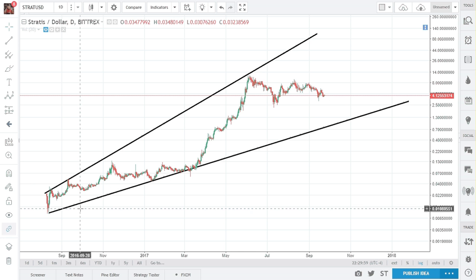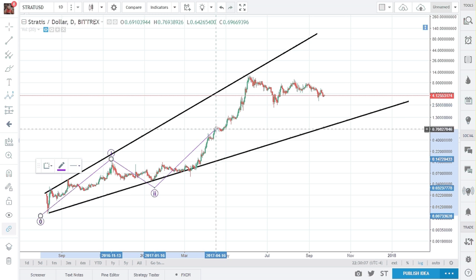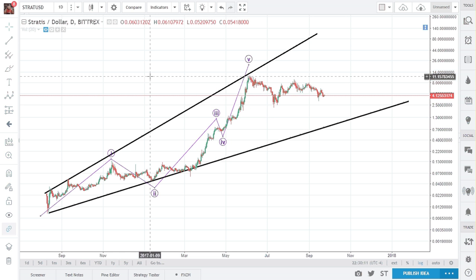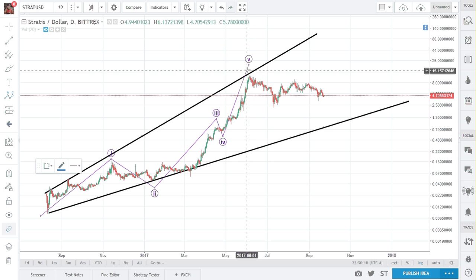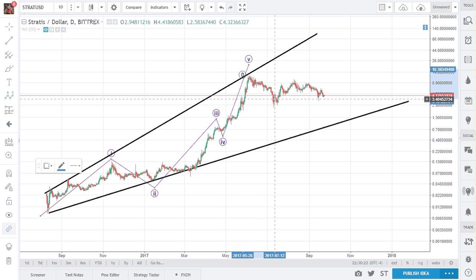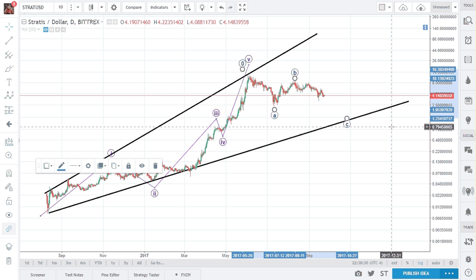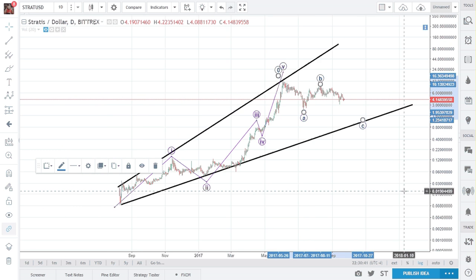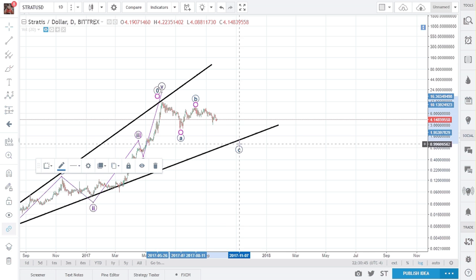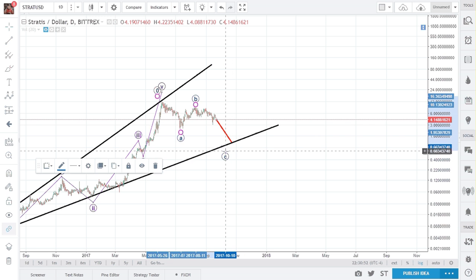But if you do a count, 1, 2, 3, 4, 5 as an impulse, and then you do A, B, C, you get a slightly different scenario from a timing and price level point of view.